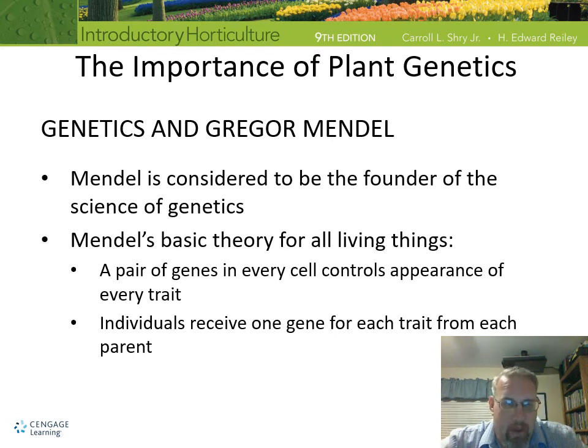So plant genetics, it's a very important thing, and this gentleman named Gregor Mendel, he was basically considered the founder of genetics, and he started to test out different theories he had on genes and how different cells were made, and basically how we ended up with the different characteristics we have, our blue eyes, say brown hair, or brown eyes.